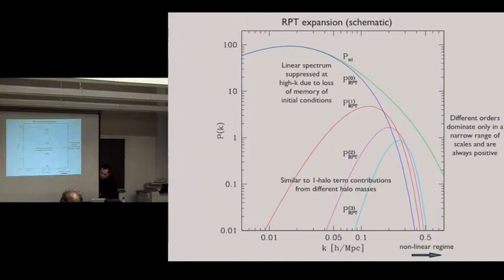And so in the new expansion, every term is positive and is well behaved. It only dominates in a narrow range of scales. In the new expansion, the leading order is just g squared times the linear spectrum, so it damps it down. And then this mode coupling is a series of bumps that, as you increase the order, dominate at smaller and smaller scales.